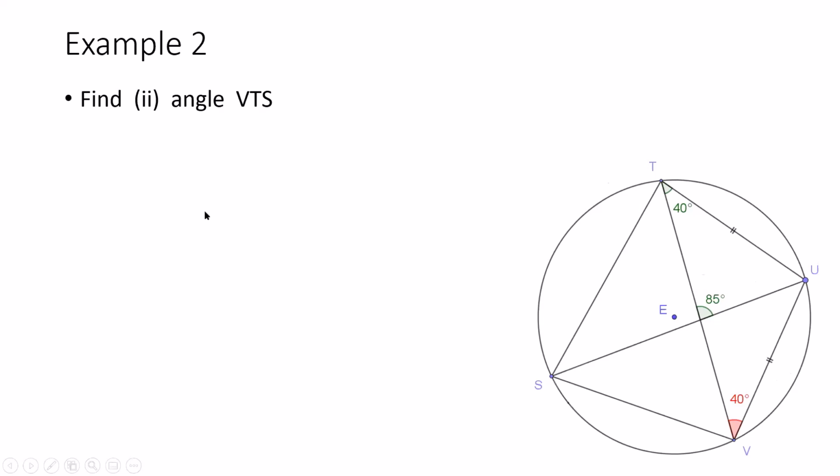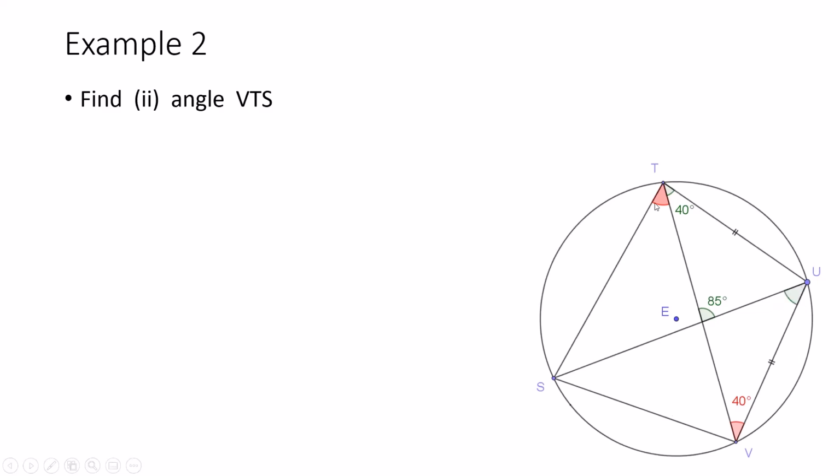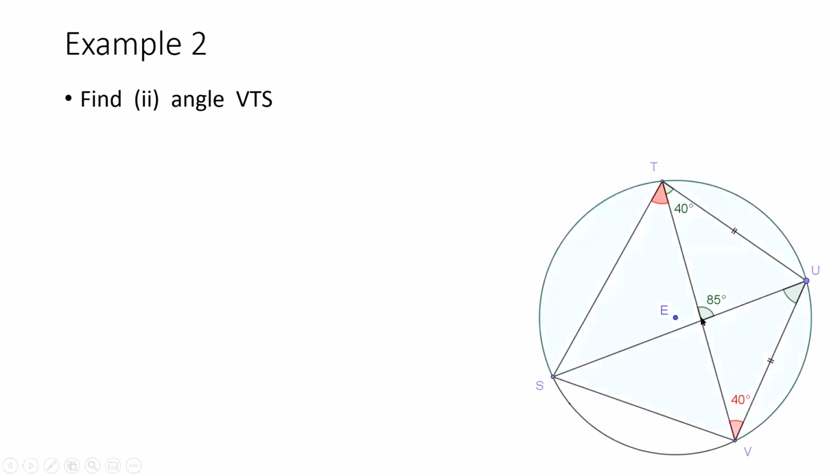Now, second part, angle VTS. VTS, shaded part here, shaded angle. Now, when we look at this diagram, we can see that VTS and VUS are angles in the same segment, shaded segment here.